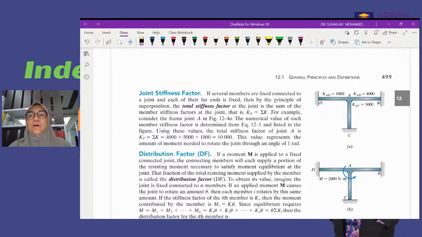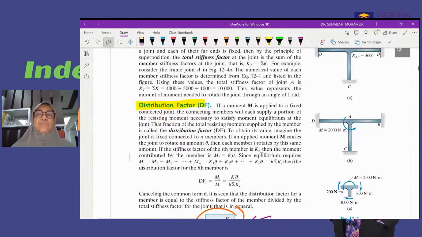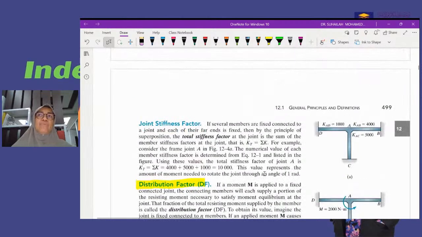In order to distribute moment, we need the distribution factor, and to calculate the distribution factor, we must know the value of the joint stiffness. Previously, we calculated member stiffness using the formula, and when we combine them, we get the joint stiffness factor.